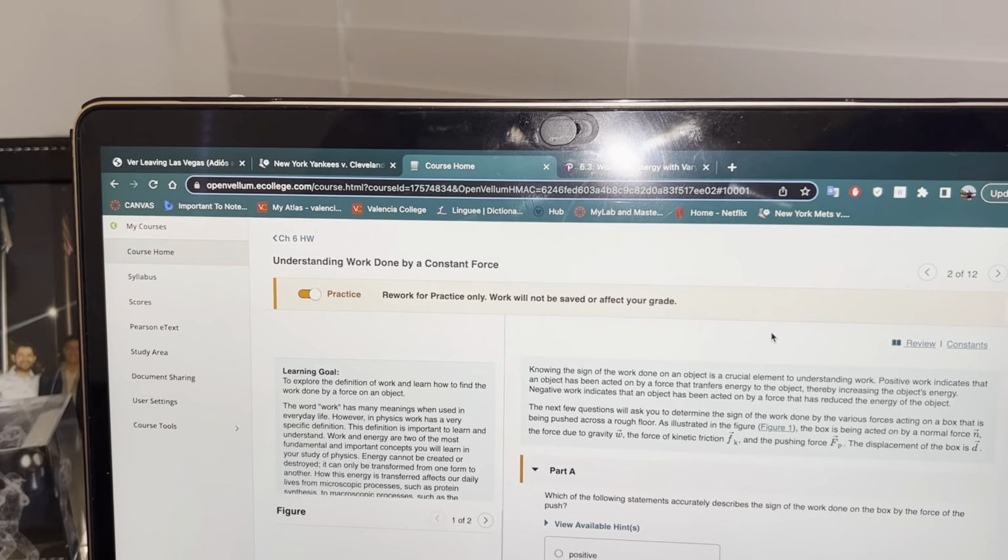Assume that the mass of the Earth is given by ME, the mass of the Sun is given by MS, and the Earth-Sun distance is RS. Sorry. So that's what we got.